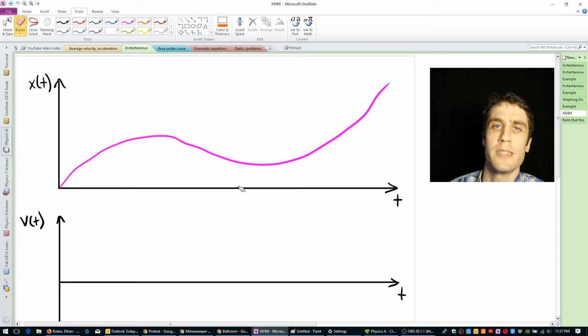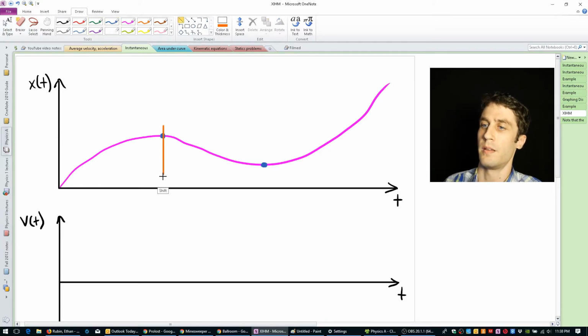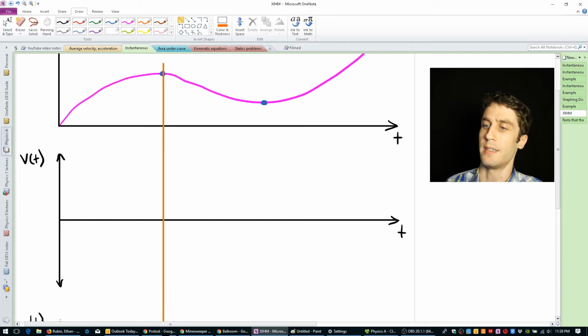What you're going to do is look out for some very key points. I want you to first identify places where the slope of the tangent is horizontal, where the graph levels off. I see one point right here and another point right here. Identify those. If you don't mind, I'm going to draw in some guidelines down here.